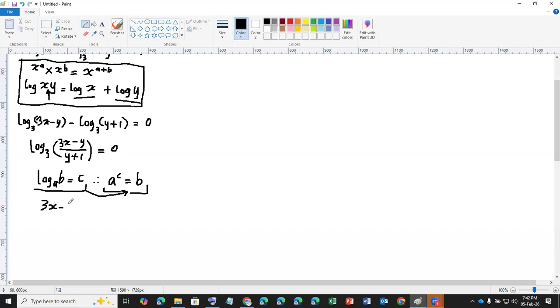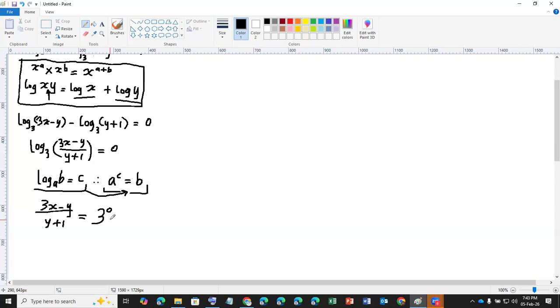The logarithm of that, base 2... okay, I'm not done writing it. The logarithm of what I just wrote down, base 3, is 0. I want you to take a look at it. Does it look similar to what I just did back there with the example that I put there?